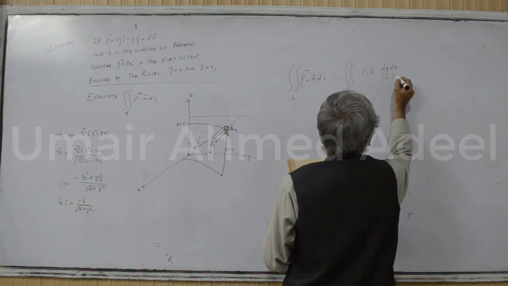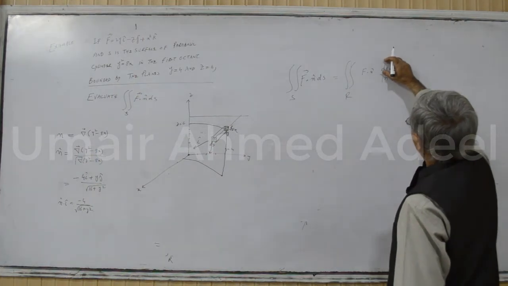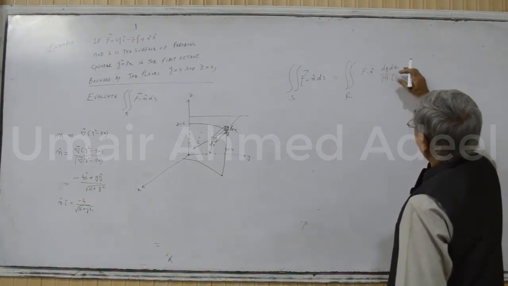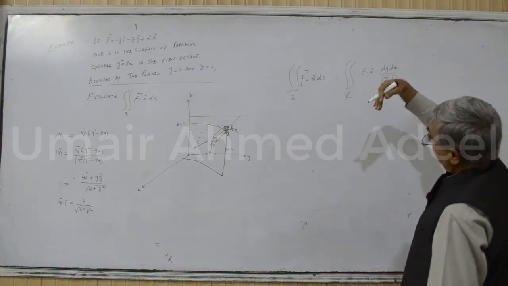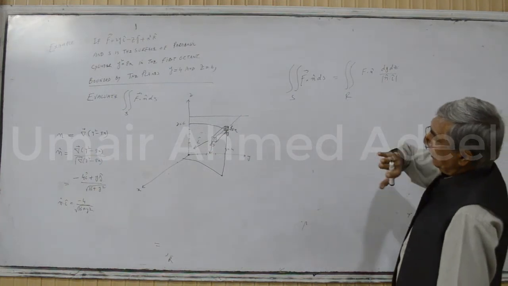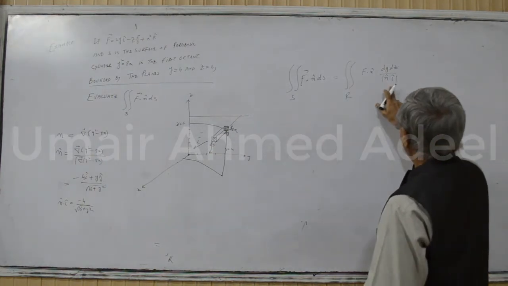Compare it again with the previous example. In the first example, it was dx dy divided by n dot k, because your surface was projected in the z equal to 0 plane. Now it is projected in the x equal to 0 plane, and that is the difference.